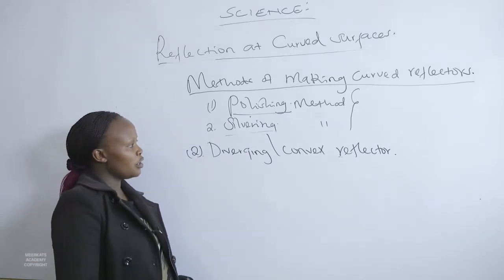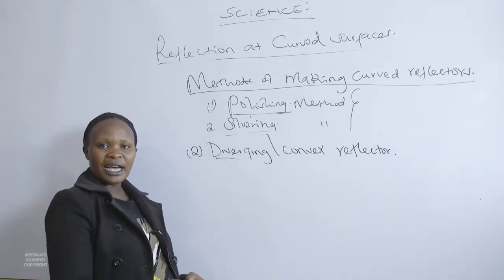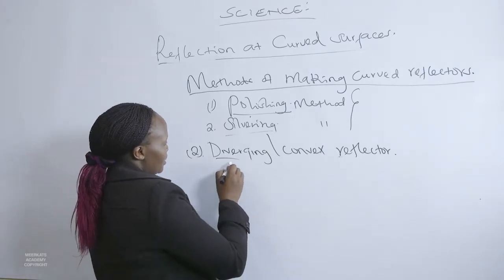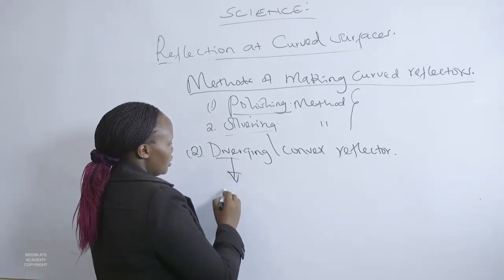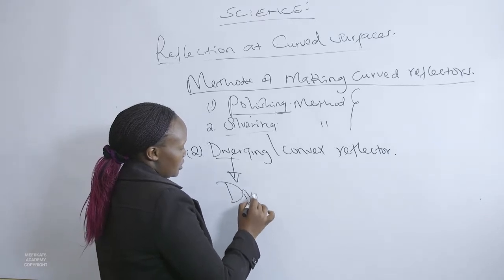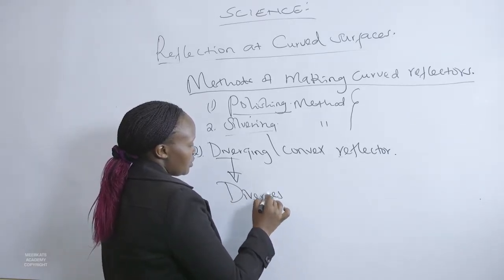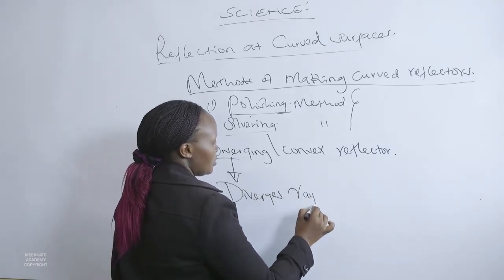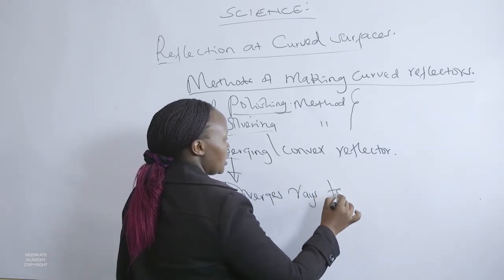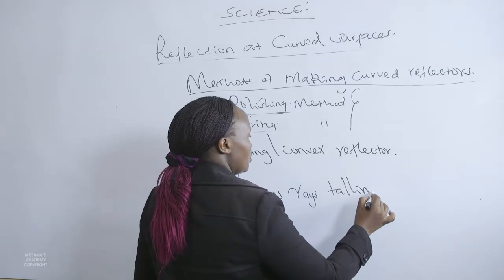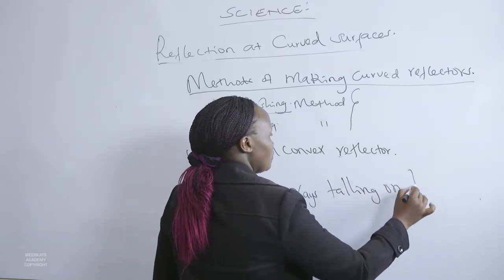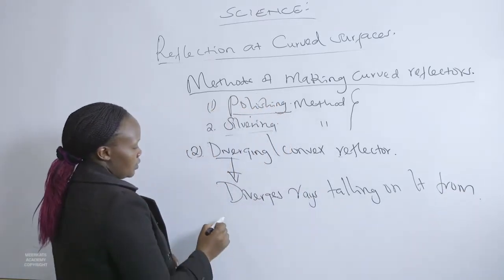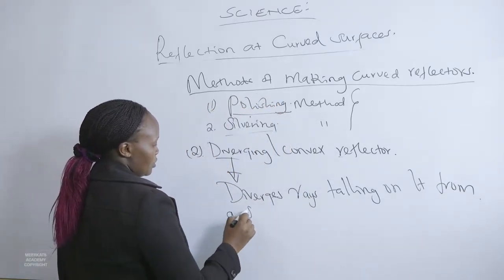The diverging or the convex, and as the name suggests, it diverges. This one actually diverges rays falling on it from a source.